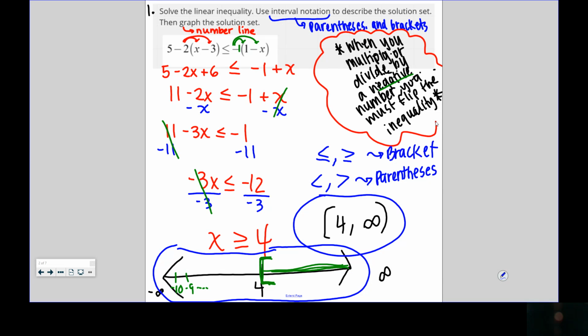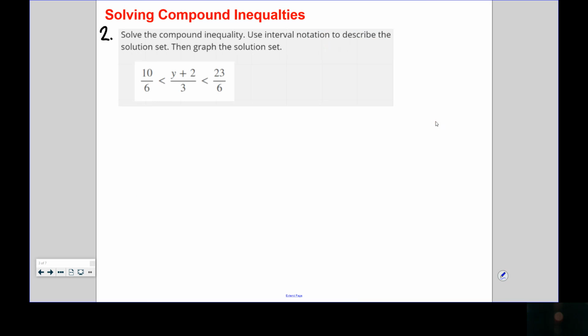All right, so let's do another example. Again, I picked this example because we had to divide by the negative, so that way you could see that property. We're going to look at compound inequalities now. Compound inequalities are just where you have 2 inequalities put together.